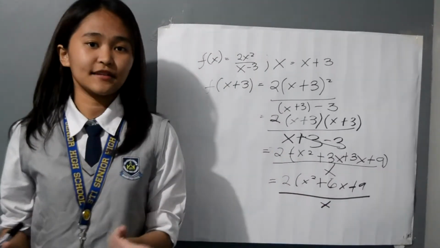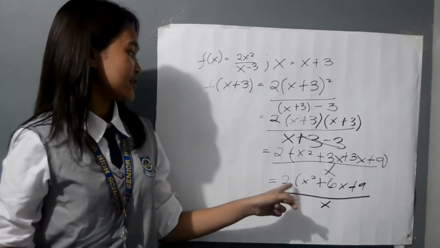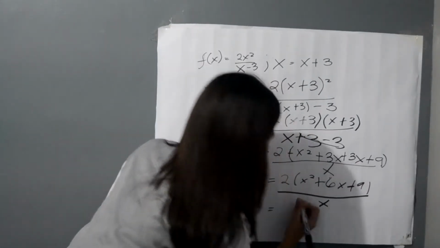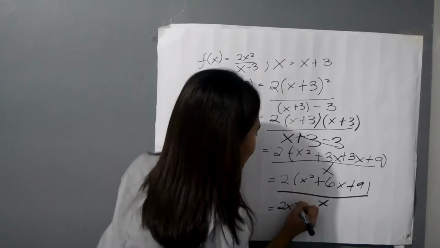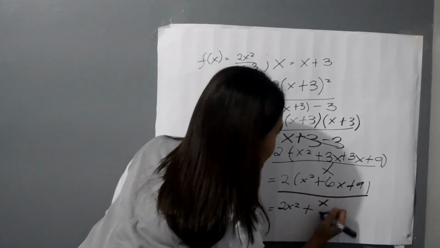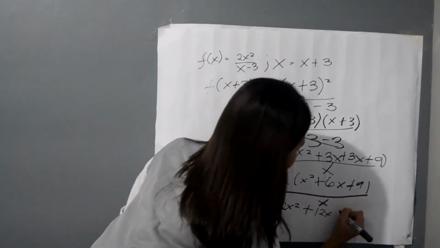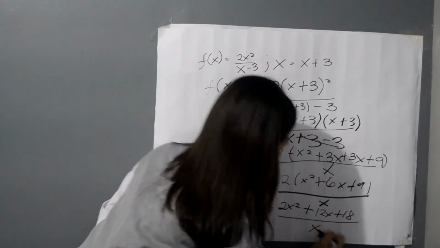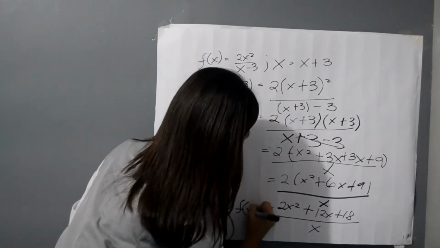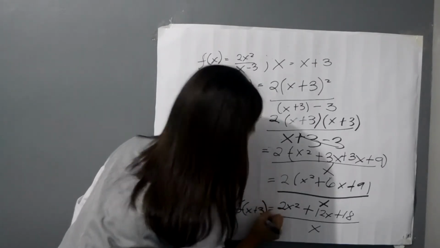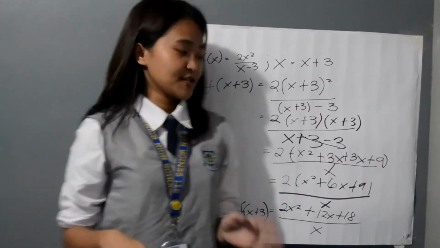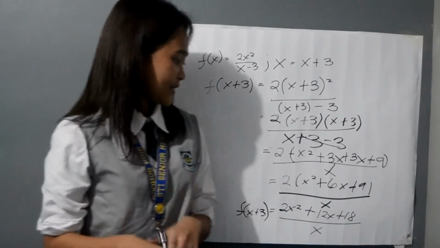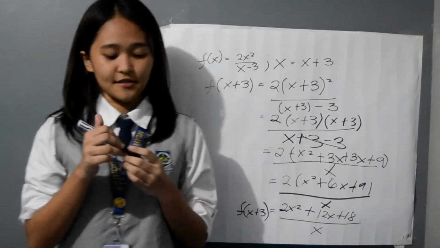The next na gawin natin is, i-distribute lang natin bawat isa. 2x squared plus 12x plus 18 is equals to 6. So, f of x plus 3 is equal to 2x squared plus 12x plus 18 over x.